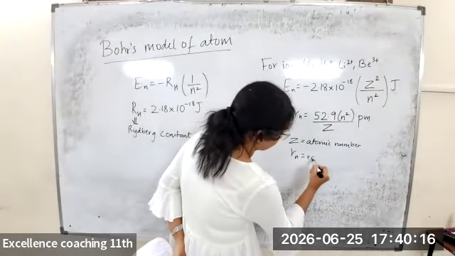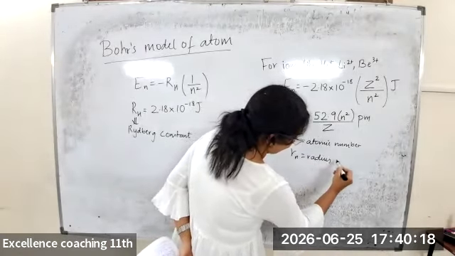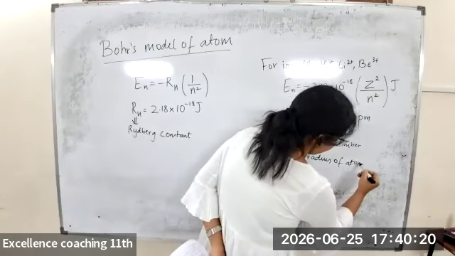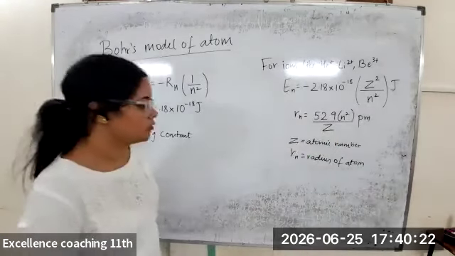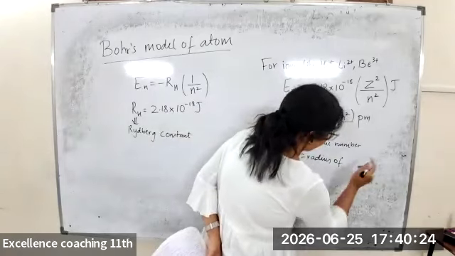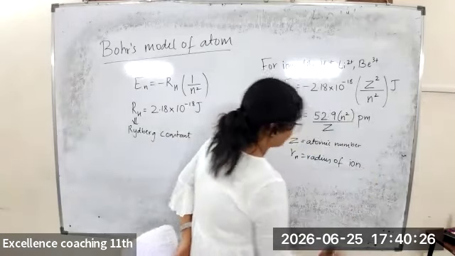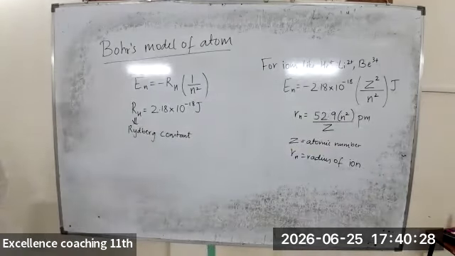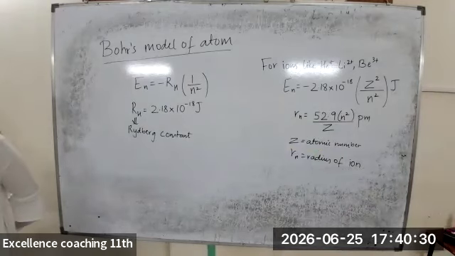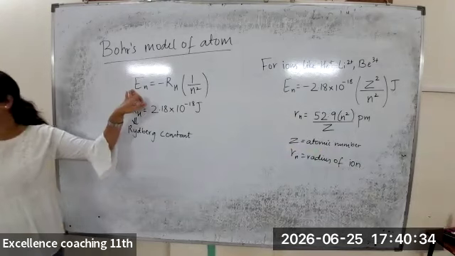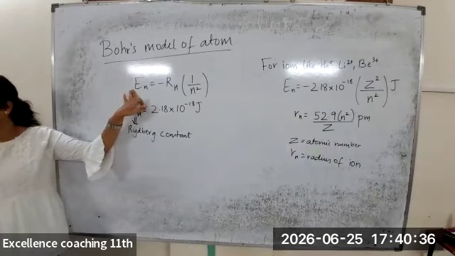R n will be the radius. Ion, sorry. Then, here E n is nothing but the energy.